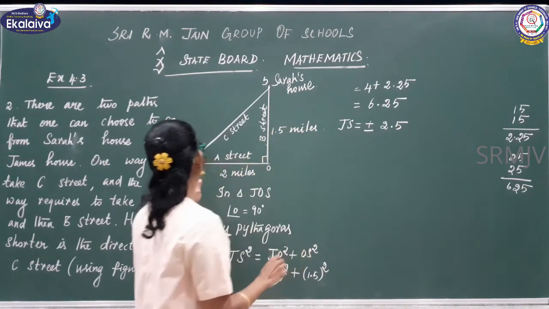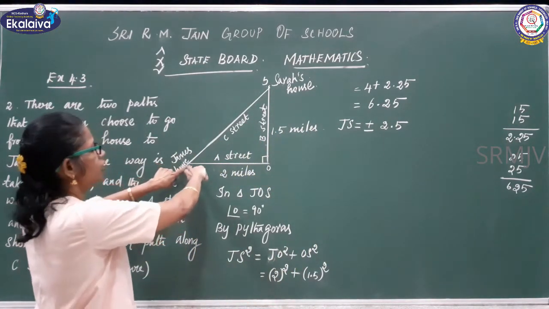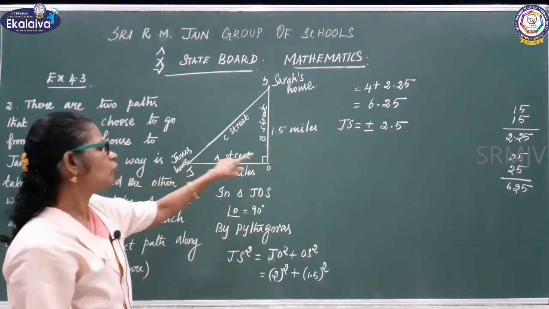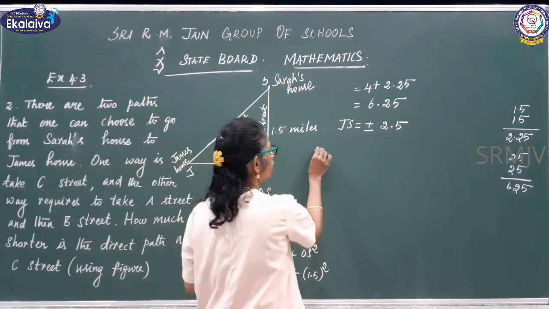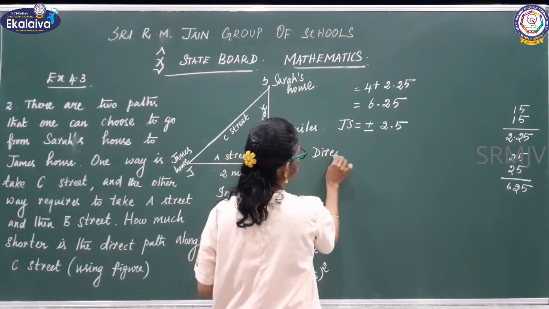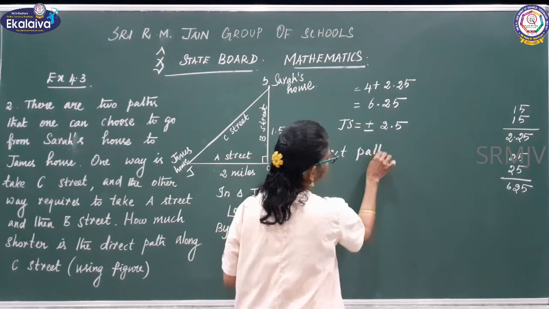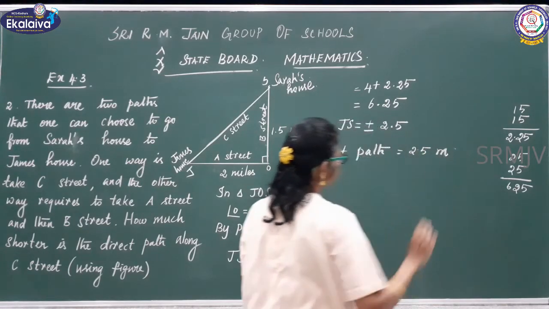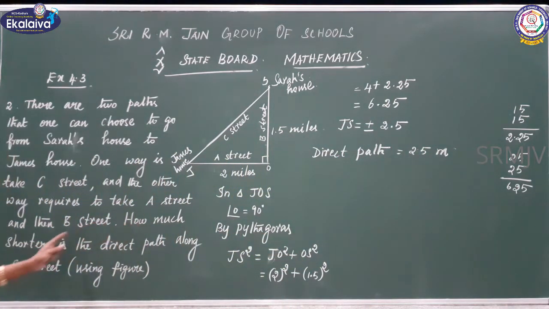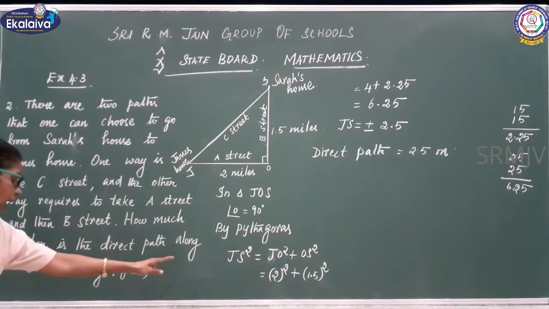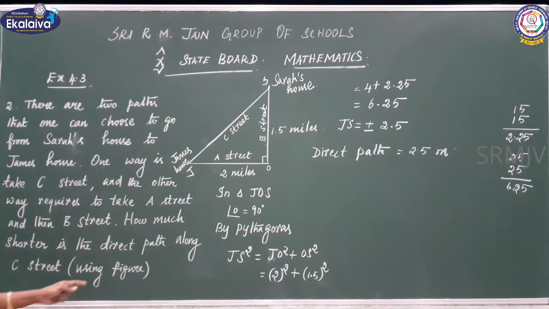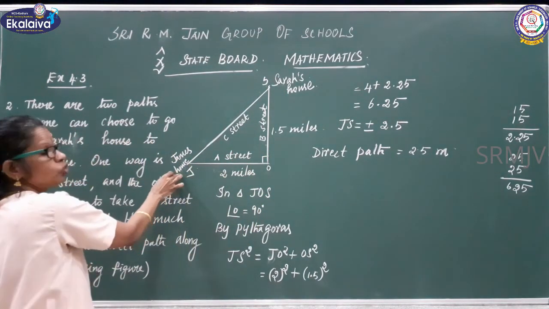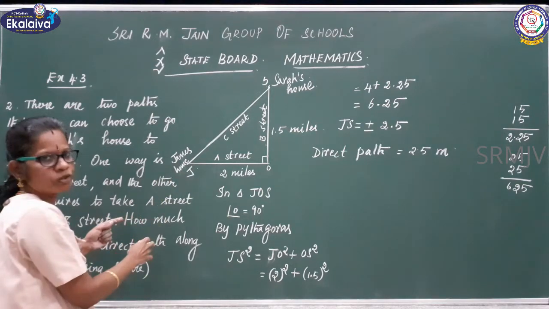This is a shortcut method to multiply the numbers, right? So, what is the direct path? That is James House to Shark House. Direct way is 2.5 miles. But what they are asking, how much shorter is the direct path along C Street, right? You are moving towards B Street and A Street, then you arrive at James House.